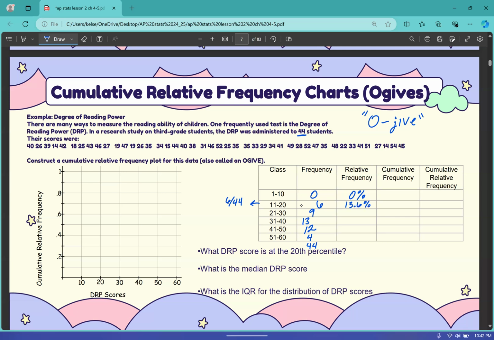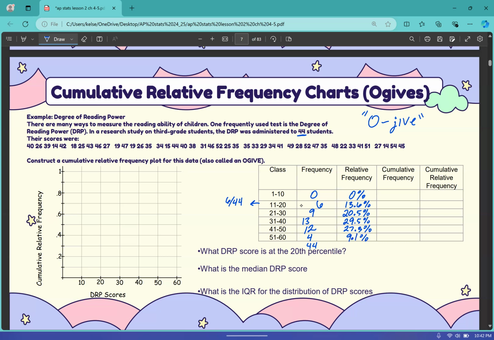Same thing for 21 through 30: 9 out of 44 gives you 20.5%. For 31 to 40, you'll get 29.5%. 41 to 50, you will get 27.3%. And for 51 to 60, you will get 9.1%.